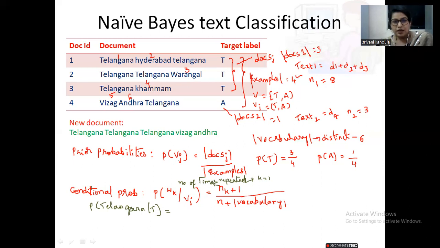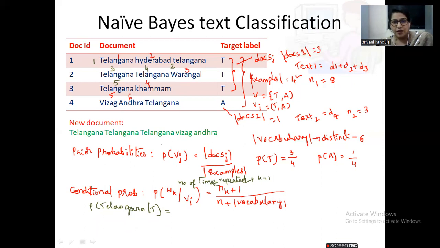Now Telangana, how many times is it repeated? That's what we should see. Here we have the first occurrence, the second occurrence, third, fourth, and fifth occurrence.